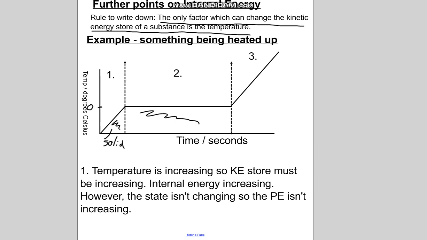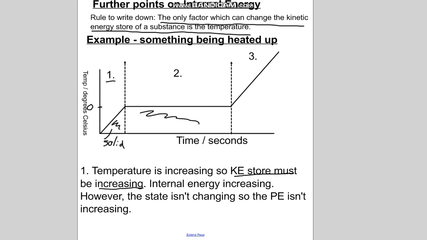So when the temperature is going up, it must mean the kinetic store is increasing. And when you have a kinetic store that's increasing, it must also lead to an increase in the internal energy store of the substance. So we have an increase in KE here in section 1, an increase in kinetic energy, which leads to an increase in internal energy.